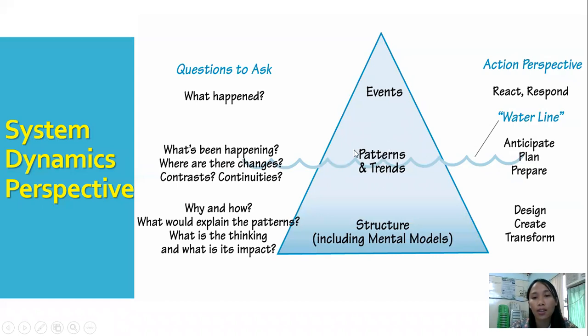So these are the patterns and trends that are behind those events. We should understand these patterns and trends so that we could anticipate, plan, and prepare for the future recurring of the events.